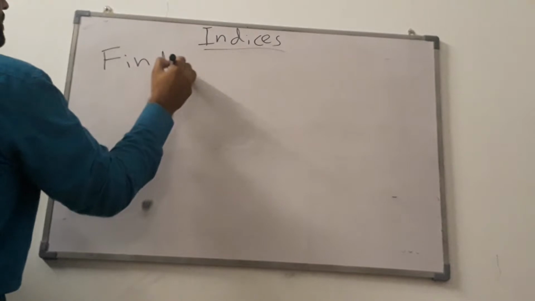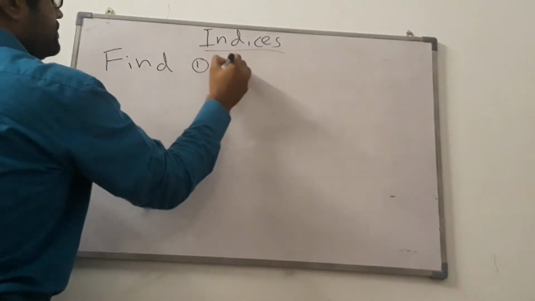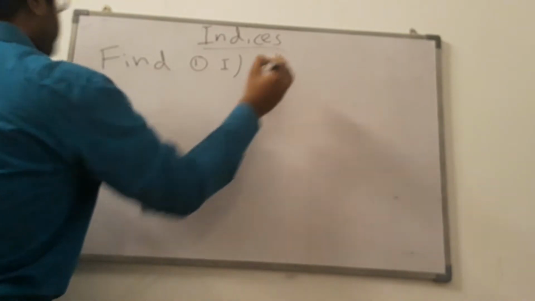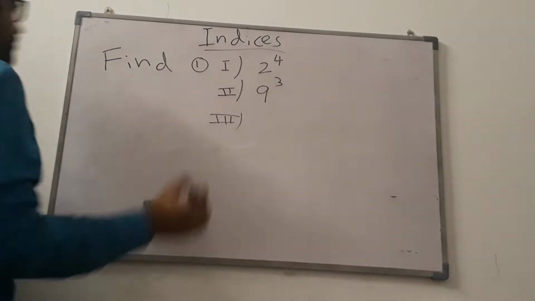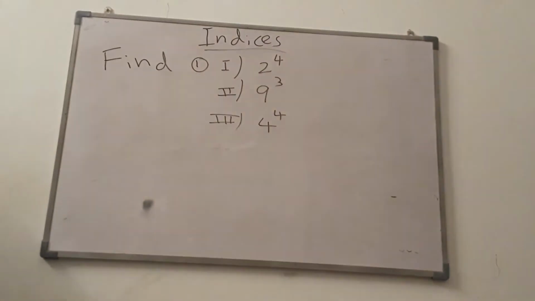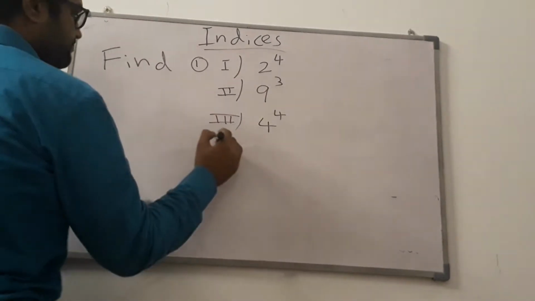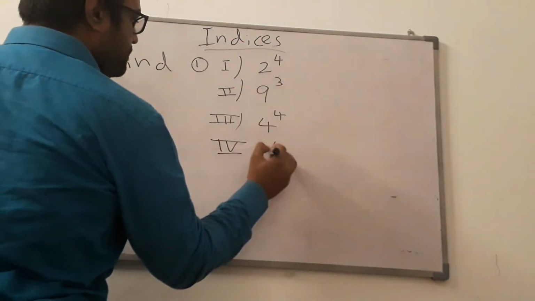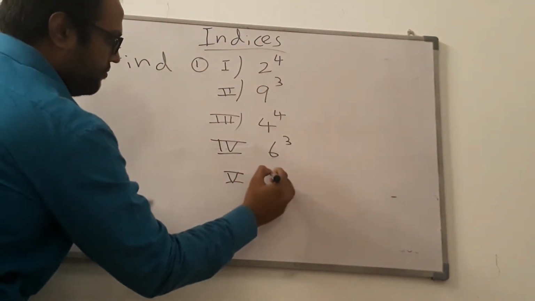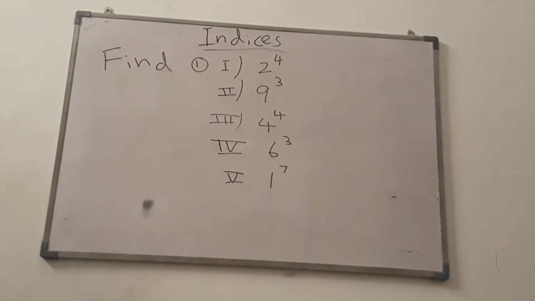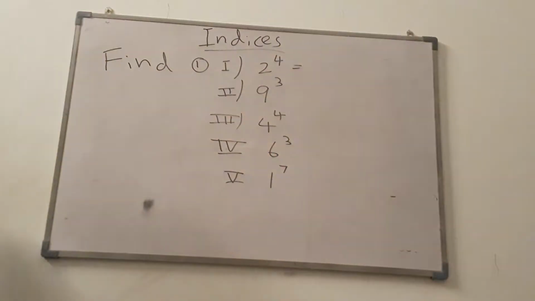Find 2 to the power 4, then 9 to the power 3, then 4 to the power 4, as well as 6 to the power 3 and 1 to the power 7. I'm going to start with 2 to the power 4.